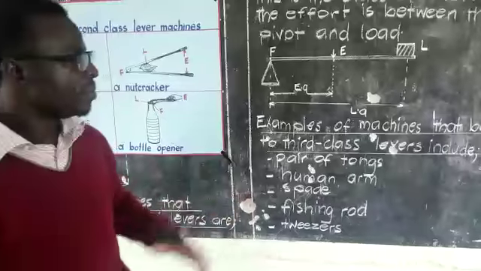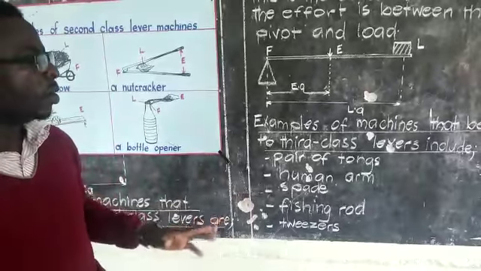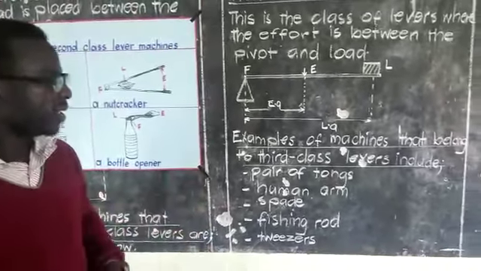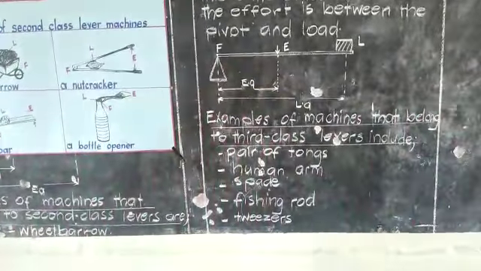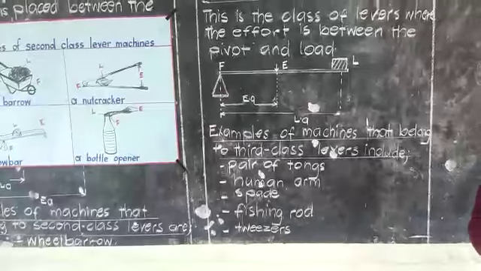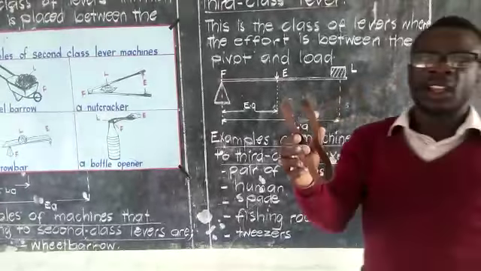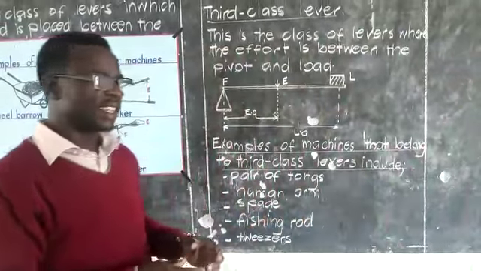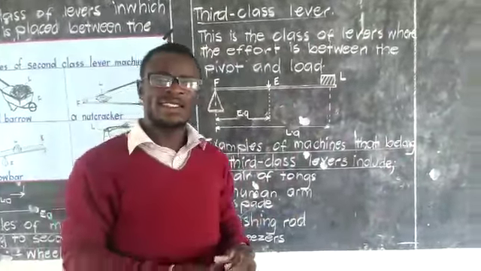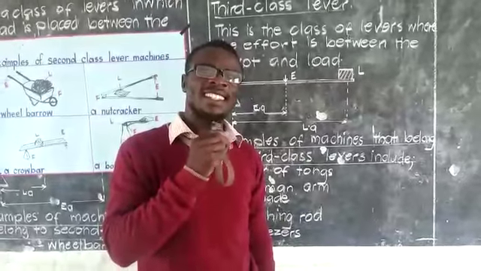We have examples of machines that belong to third class levers, which include pair of tongs. For example, I have a pair of tongs here. Locally, they are used by our grandfathers in the villages for plucking beards.